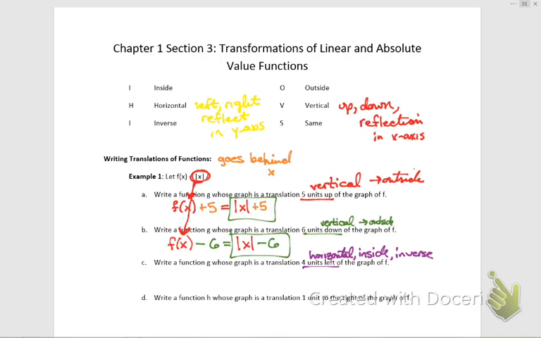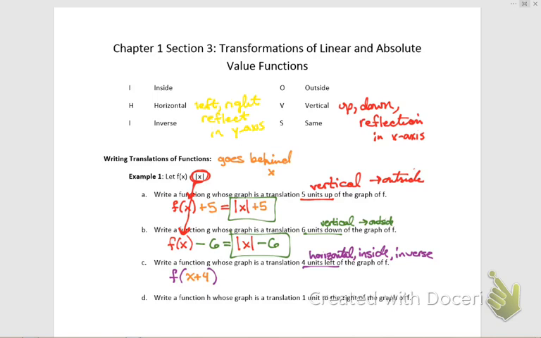Okay, now if it goes inside, then we have f, and then an inside. Okay, so the inside is going to be inside the parentheses. Because it's moving to the left, we're going to do the inverse, so the opposite of what you would think. So if it's left, you typically think negative, right, because left is to the negative direction. But because it's inside, we're going to make it a plus.